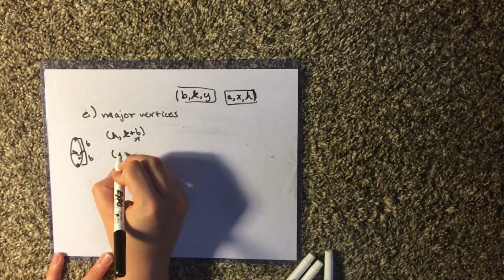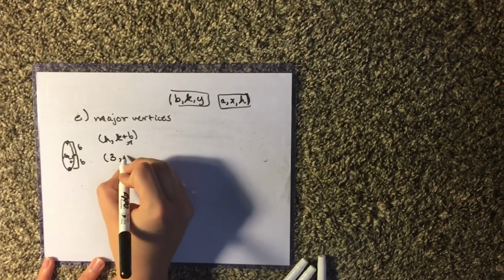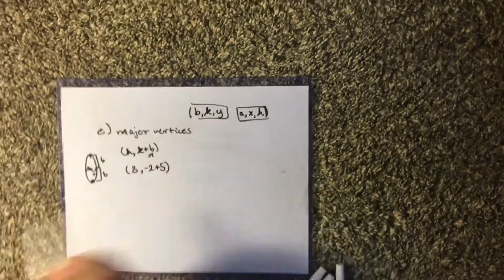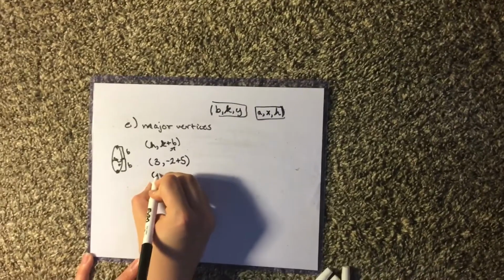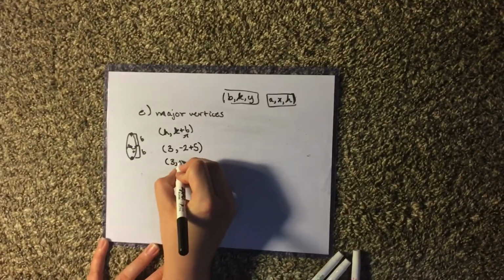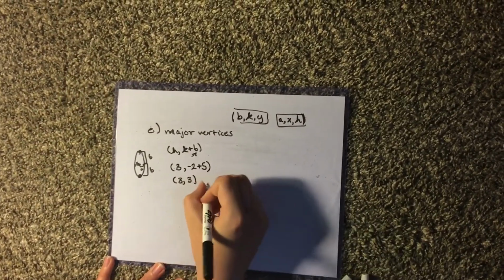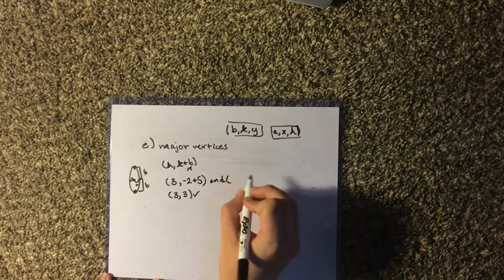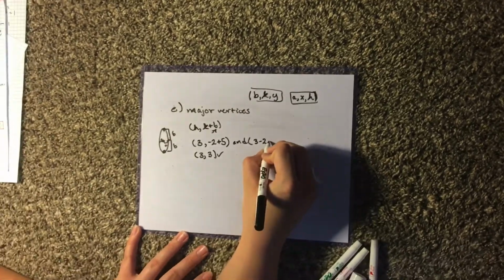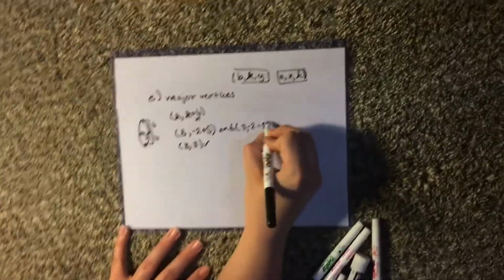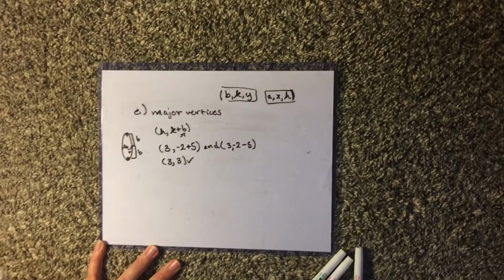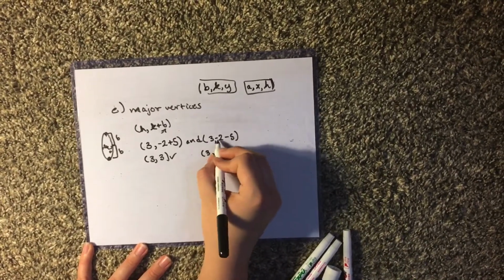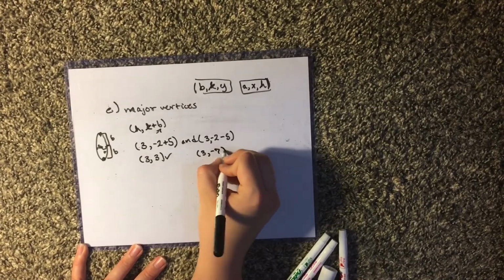So this is going to be 3, and this is going to be -2 plus 5, because we've already figured out that B equals 5. So that's one major vertex, which is (3, 3), check. And the other is going to be (3, -2 minus 5), because we're adding and subtracting to either one. And so that's going to be (3, -7).